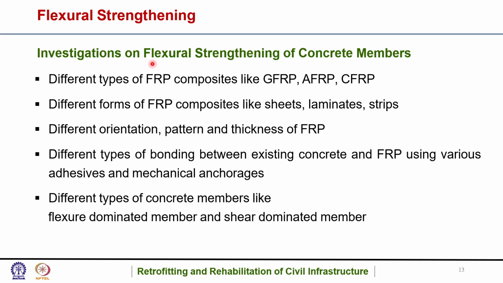The investigations on flexural strengthening of concrete members cover different types of FRP composites like GFRP, AFRP, CFRP, different forms of FRP composites like sheets, laminates, strips, different orientation, pattern, and thickness of FRP, different types of bonding between existing concrete and FRP using various adhesives and mechanical anchorages, and different types of concrete members like flexure dominated member and shear dominated member.